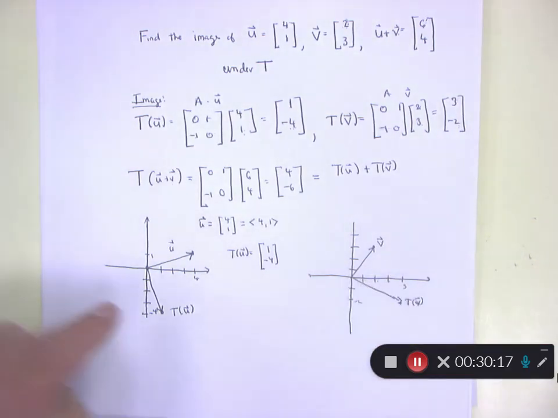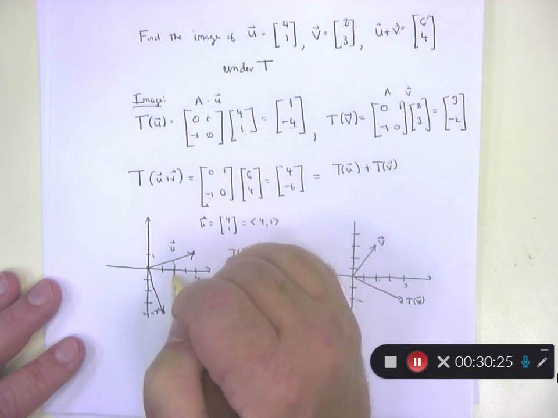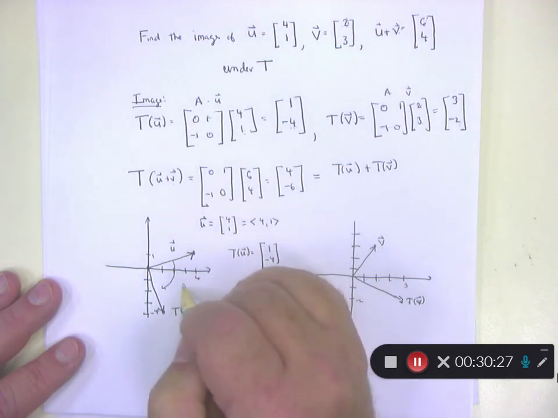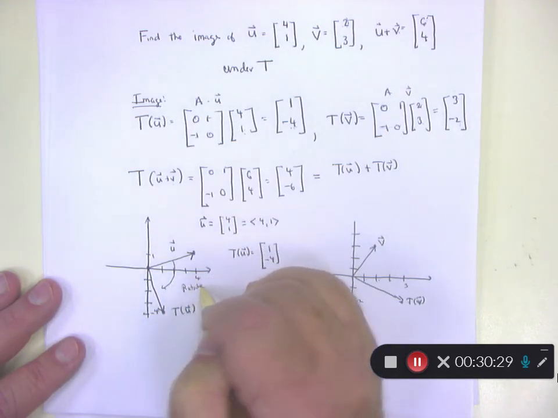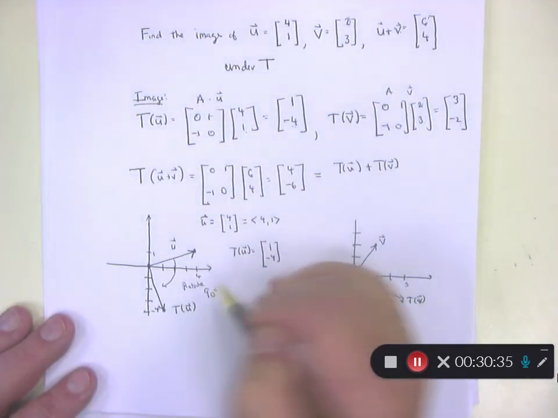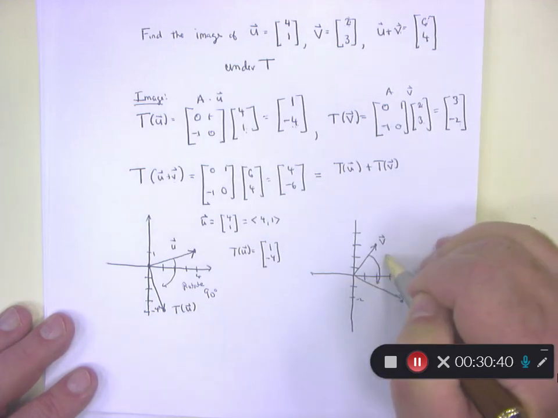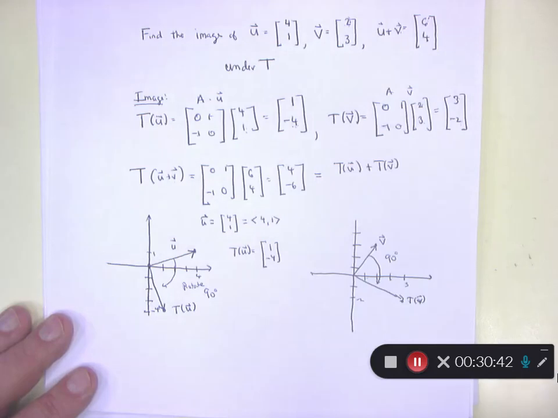What seems to be the relationship? What is T actually doing? It's taking these vectors and rotating them. How much? 90 degrees. It took this vector and rotated it 90 degrees.